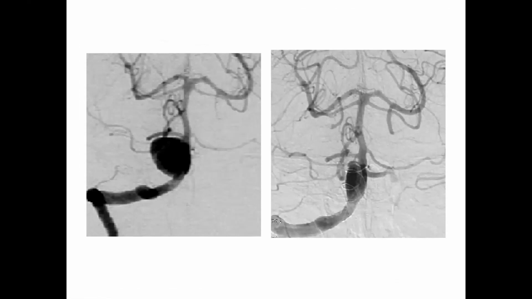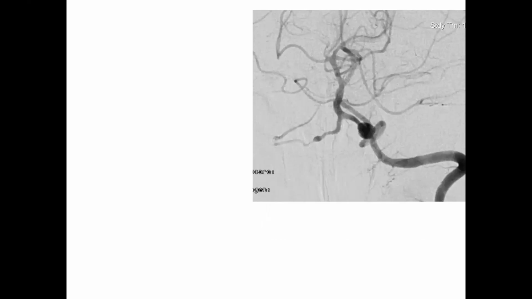Okay, another example. This is a left vertebro-basilar dissecting aneurysm. Also there is a small dissecting aneurysm in the distal part of the right vertebral.